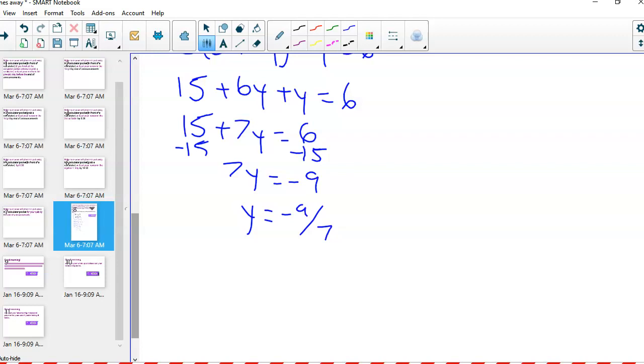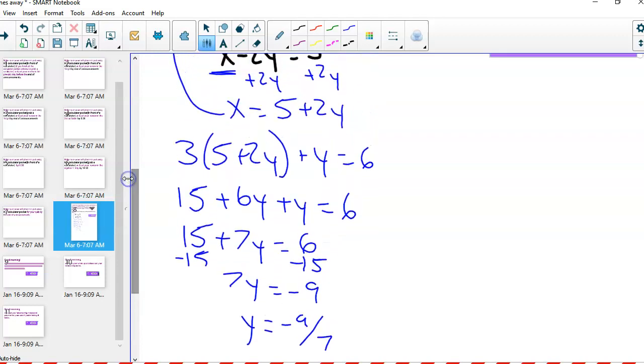And then we need to solve for x. So we need to put this back into our equation. X equals 5 plus 2 times negative 9/7. In the calculator, go ahead and multiply 2 times negative 9/7. Negative 18/7.